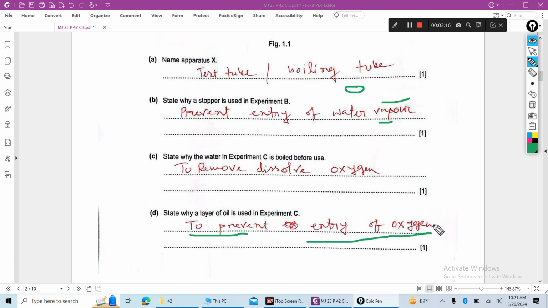Oil layer prevents oxygen from getting in, or oxygen cannot enter into the test tube through the oil layer. So what is the function of the oil layer? To prevent entry of oxygen. Oxygen does not enter.